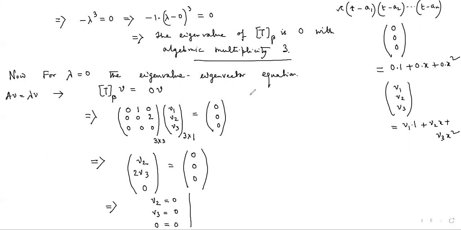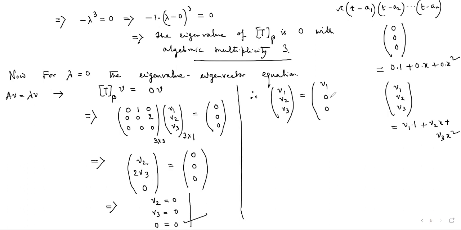So actually, therefore, the eigenvector v1, v2, v3 is actually such that v1 has got some choice, infinitely many choices because of this equation. v2 is strictly 0, v3 is strictly 0. This is the eigenvector.